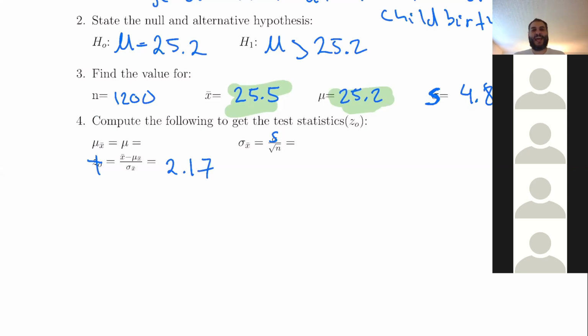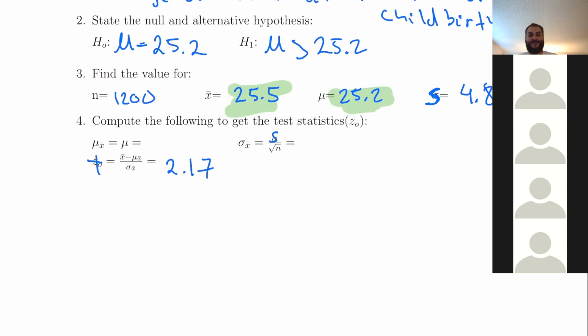No, not really. If I would have said it went from 25.2 to 28, then it would be more practical to us because that's a big jump. But if it just jumped from 25.2 to 25.5, that's not that big of a gap to make practical significance to us.